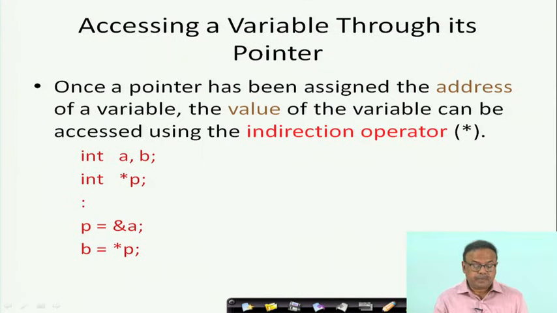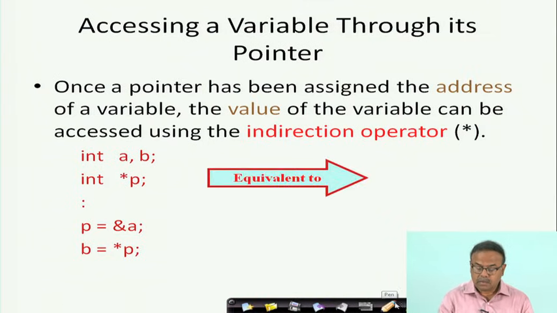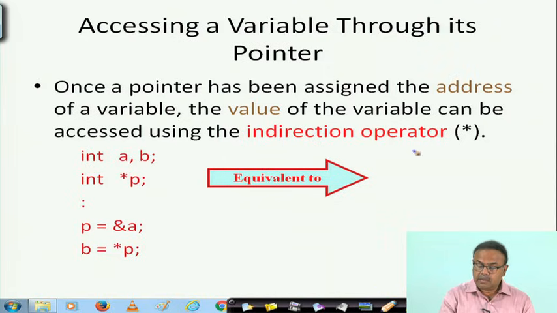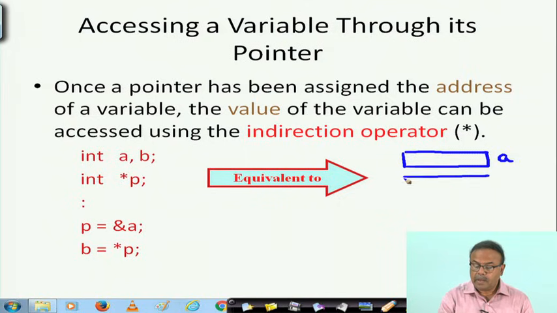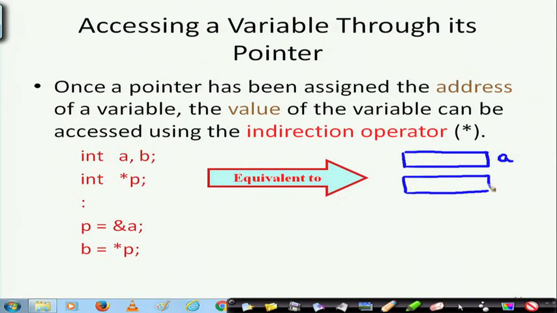For example, a, b are two integers. Let us draw this. Suppose a is a location, b is another location, both of them are integers, and p is a variable which is allowed to point to integers.